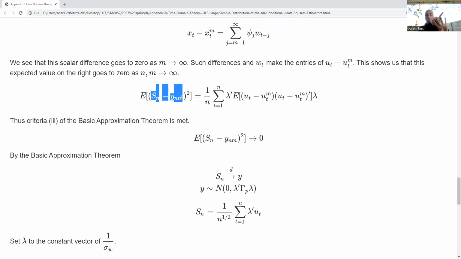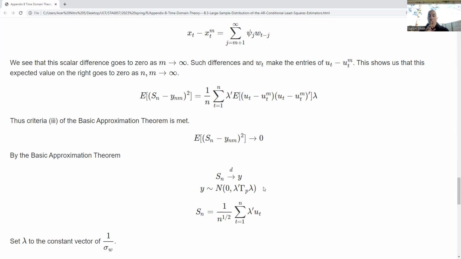What we're going to do, the one that we're interested in, is going to converge to the distribution of that last one. And we've just shown that. All right, so that tells us that S of n converges to the distribution of y, which we've already established is normal with this variance term.